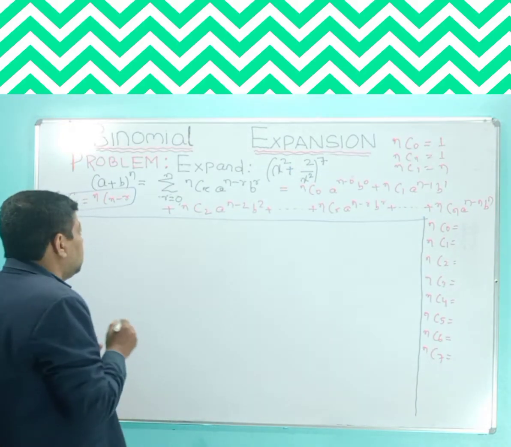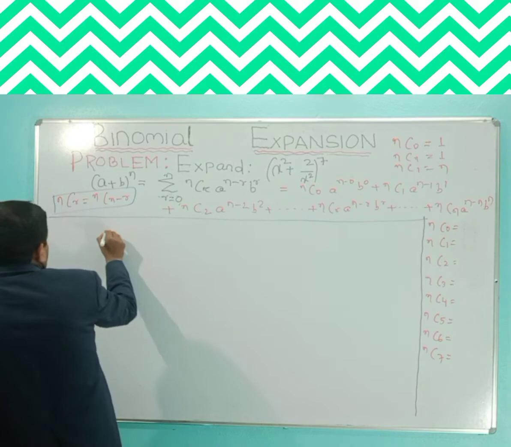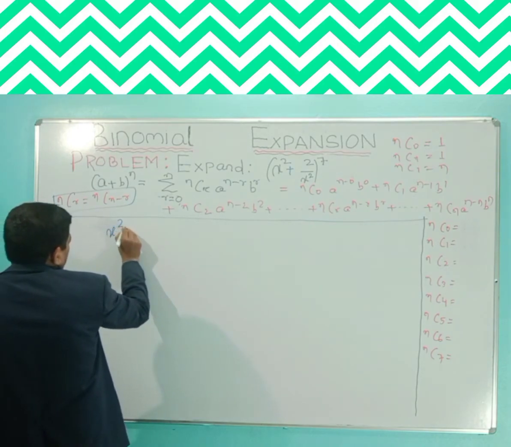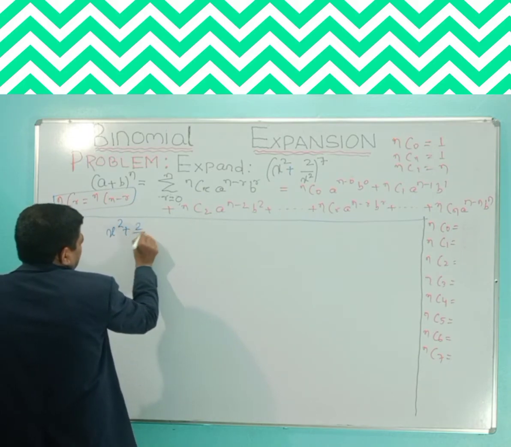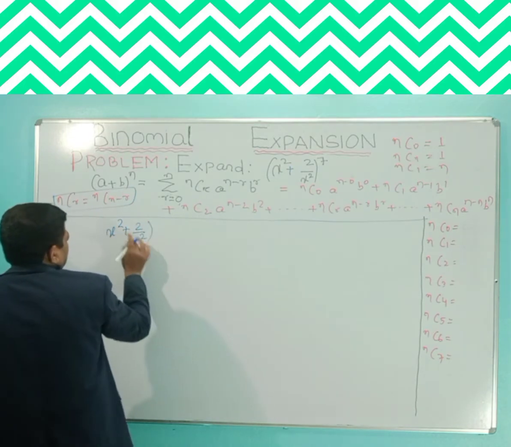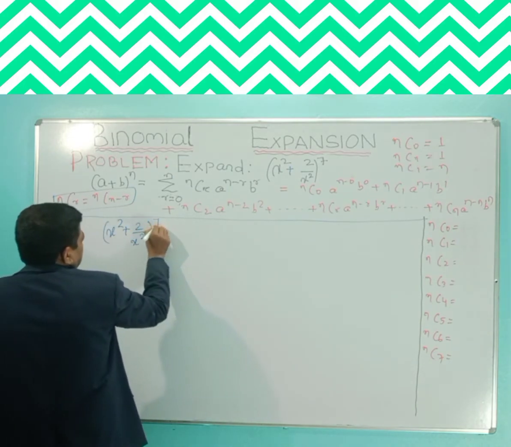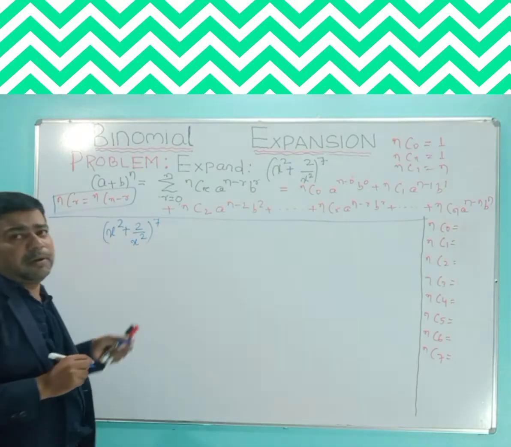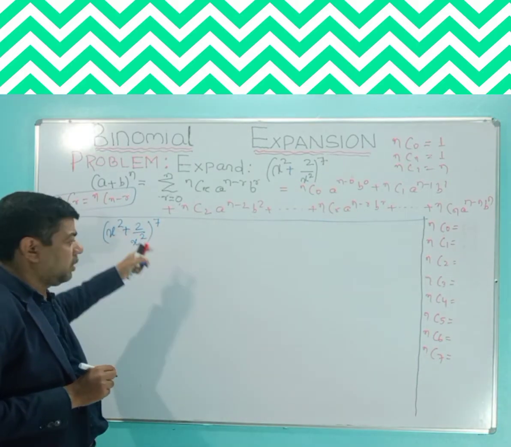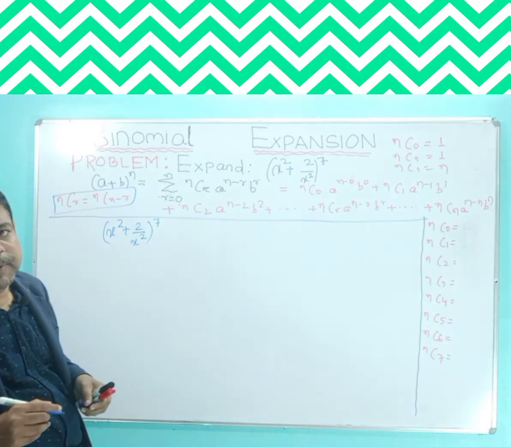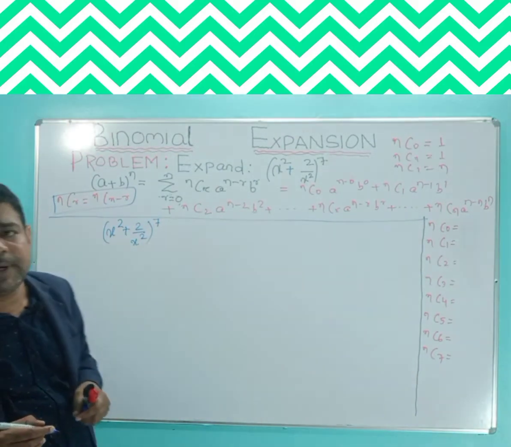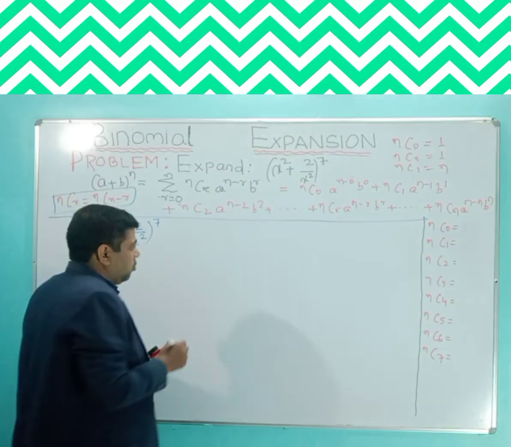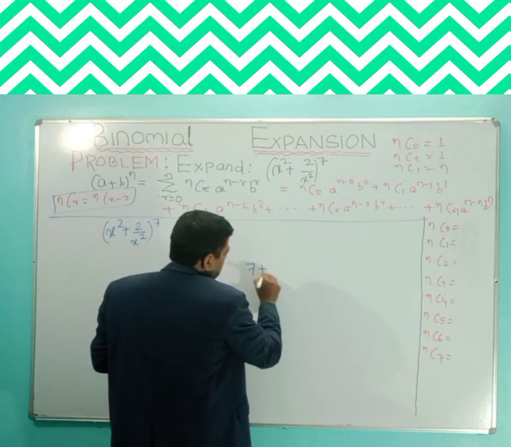You see here the power is 7. It is a binomial expression connected by a plus sign, and the power is 7. It means it will have how many terms? 7 plus 1. So the number of terms will be 7 plus 1, equal to 8.